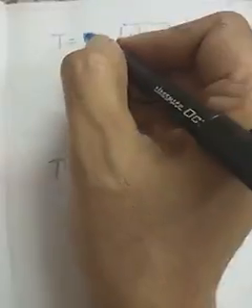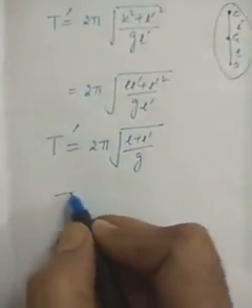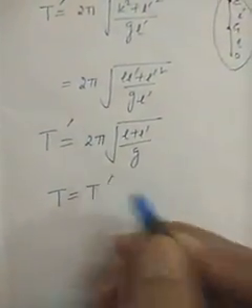You can also write it as T prime, or we can see that T comes out to be T prime.